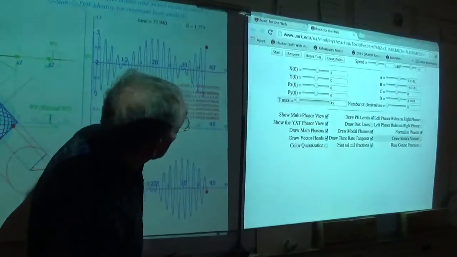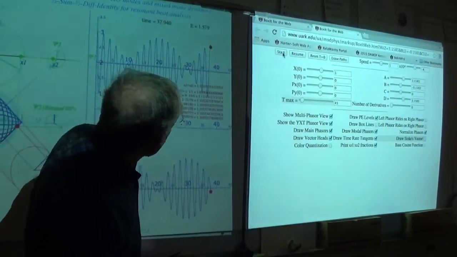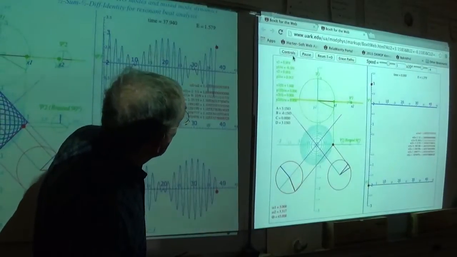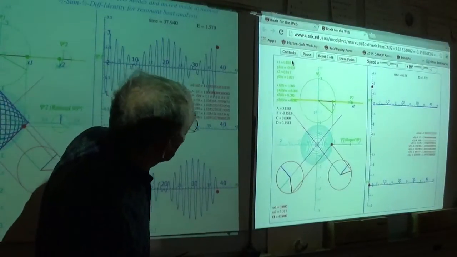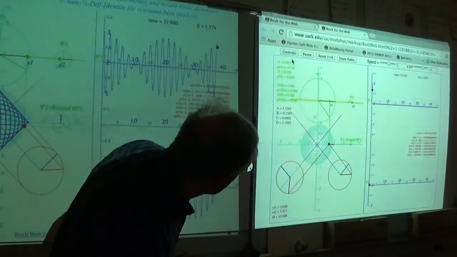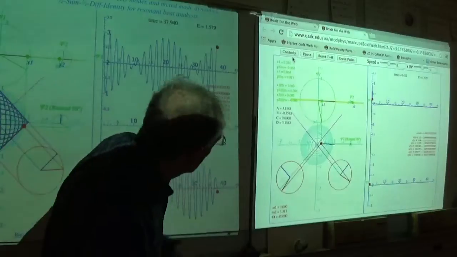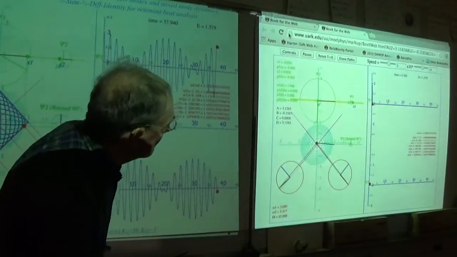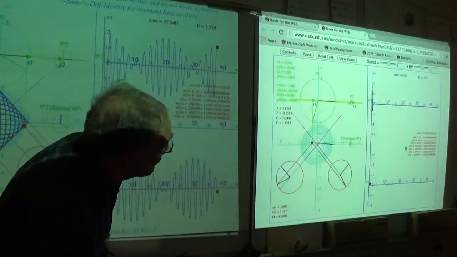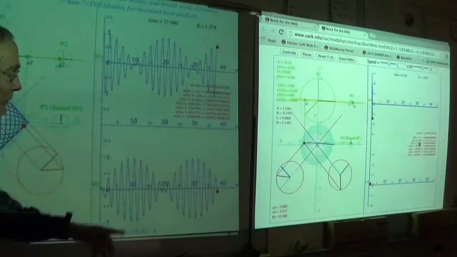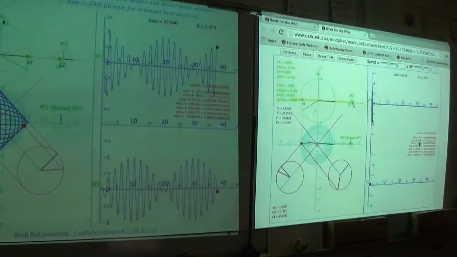Okay, let's go here. And what I want to look at right now, and I think I've got the right numbers in there, do I? 3.17, yeah, that's the square root of 11, so those are the right frequencies. And that's the continued fraction that those numbers give you if you do their ratio.